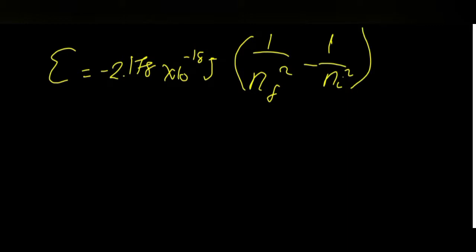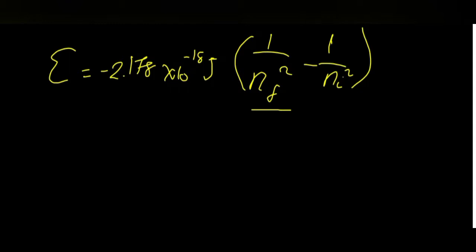So this first part is simply the energy of the shell to which the electron is going, minus the energy of the shell from where the electron is coming. That will give you the change in energy involved when an electron transitions between two energy levels.